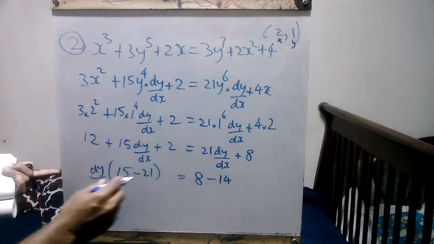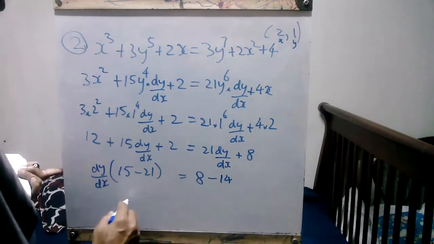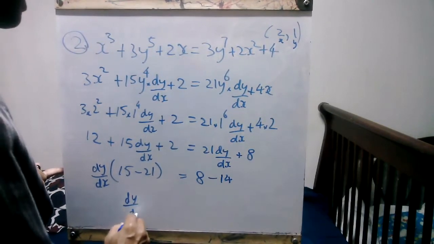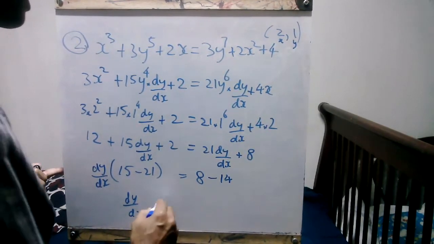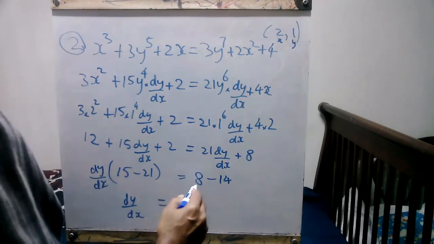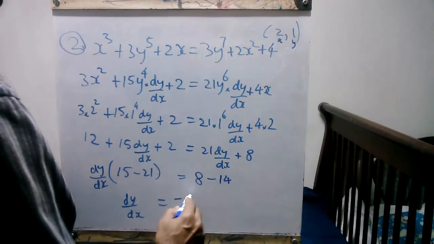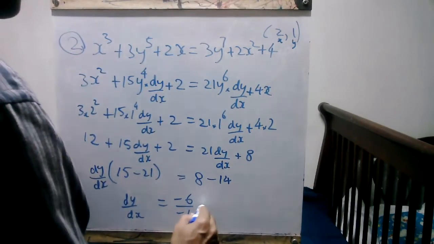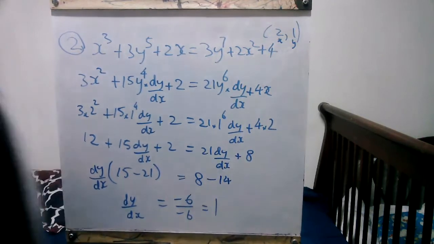Here we get negative 6, therefore dy/dx equals negative 6 divided by negative 6 equals 1.